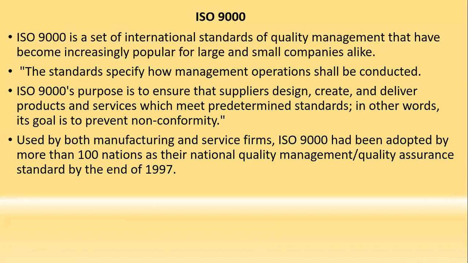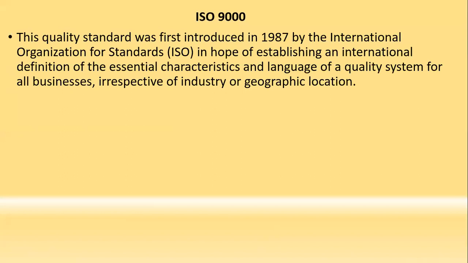It has been adopted by more than 100 nations as their national quality management or quality assurance standard. So almost all companies will go for ISO 9000. It's an international standard for all sorts of companies, large, medium, and small.